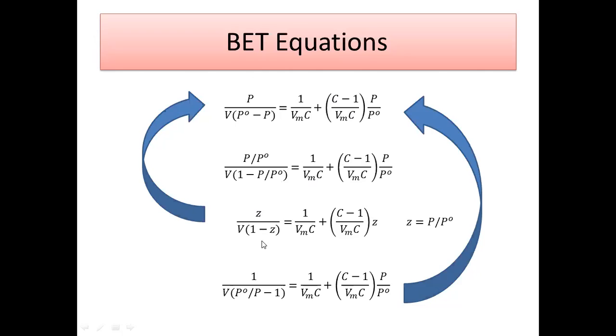Let's see how it looks in this form. Here P over P naught is taken as Z, and wherever P over P naught is mentioned it is written as Z. So this will be Z, 1 minus this will be Z, P over P naught will be Z again. There is no difference between this and this equation.